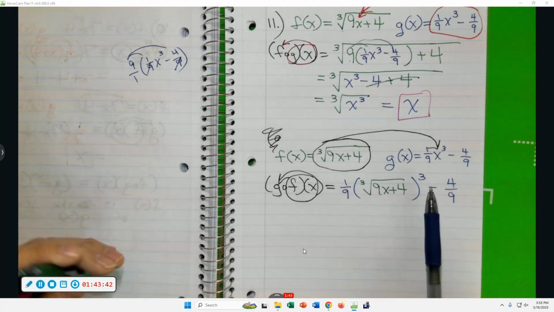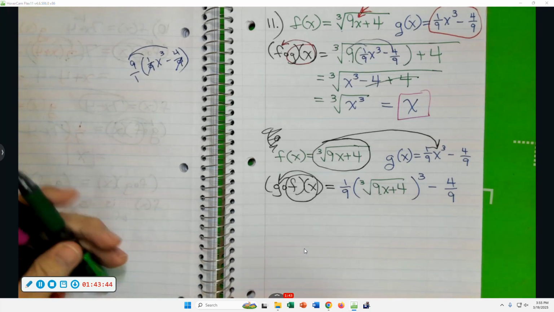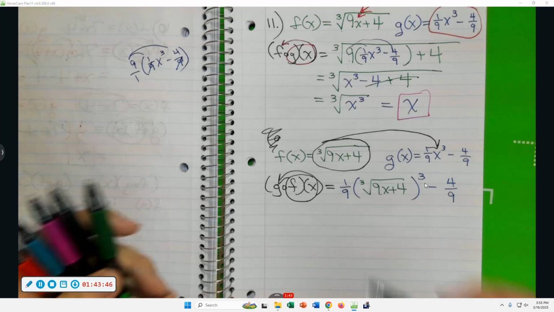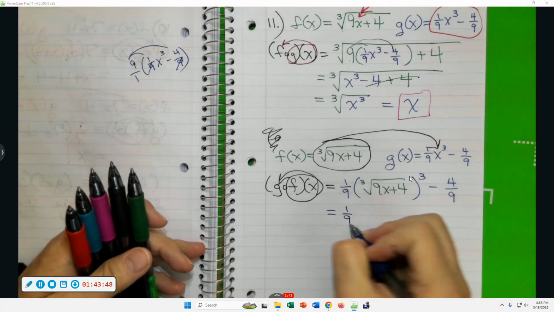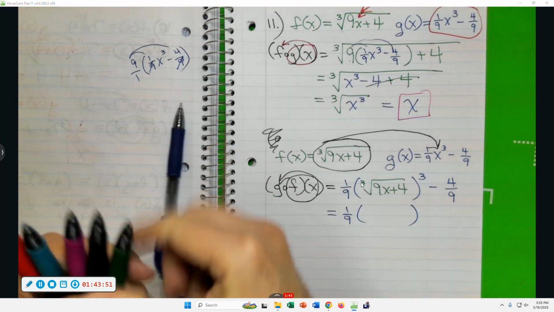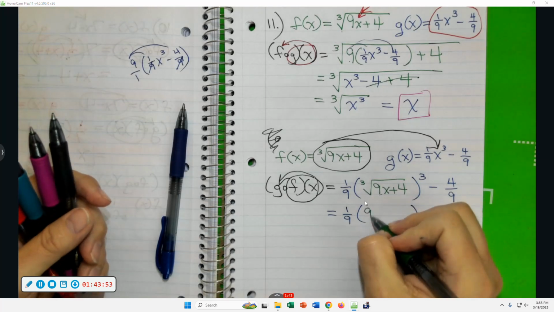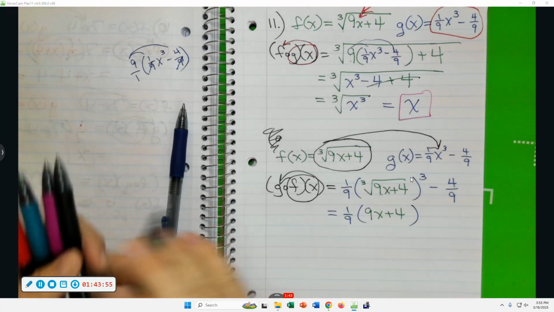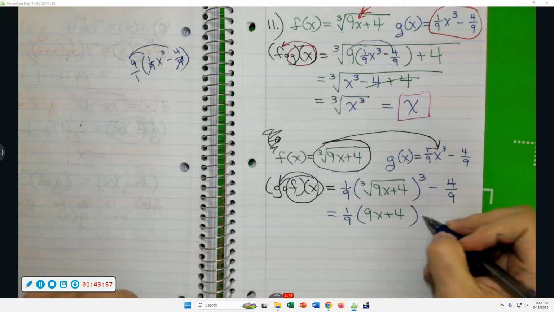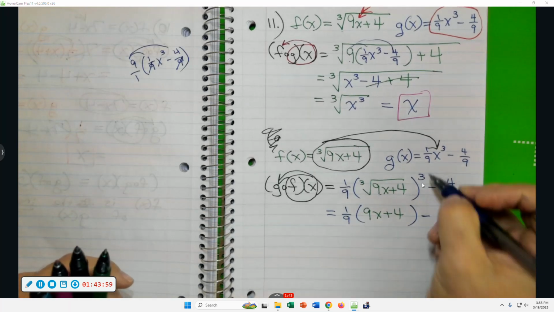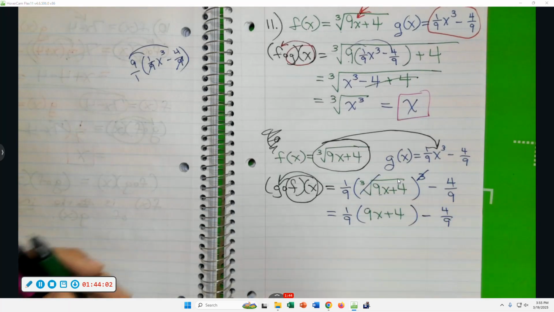What's going to happen when we cube the cube root? So we really just have 1/9 times 9x plus 4 minus 4/9. So we cancel the cube and the cube root.